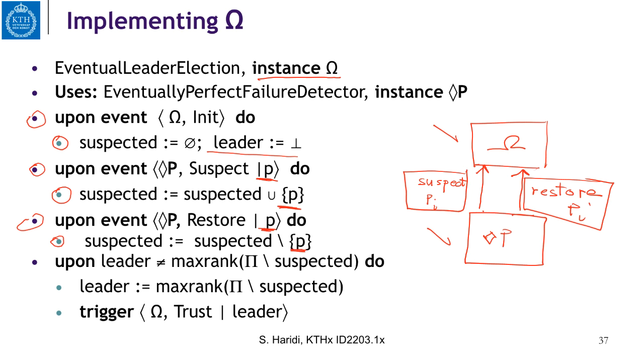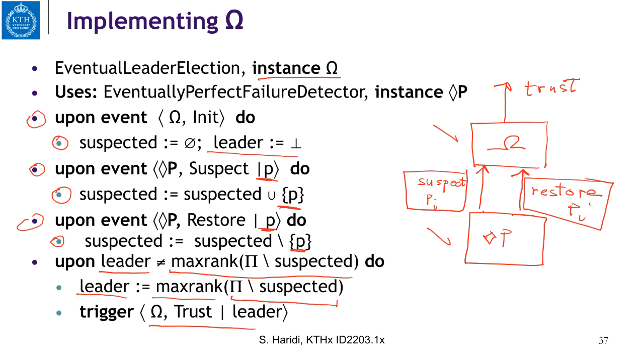And we always take the max rank function on the set of alive processes. And if the leader changes, then we assign the leader to the max rank of the current non-suspected processes. And then we trigger a trust event to the rest of the application. So here is trust.